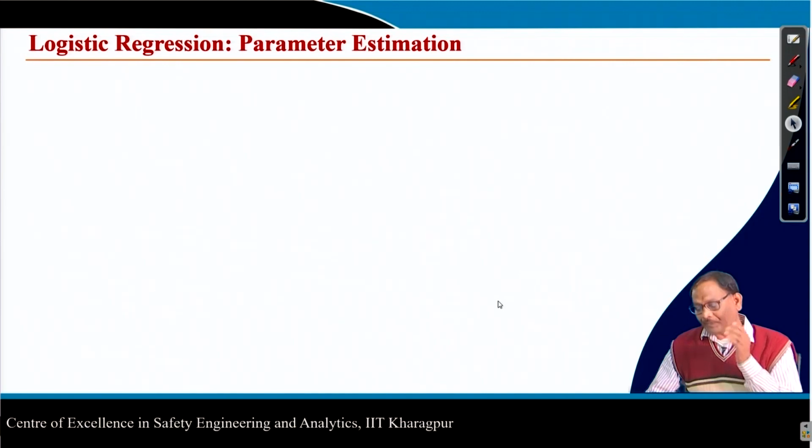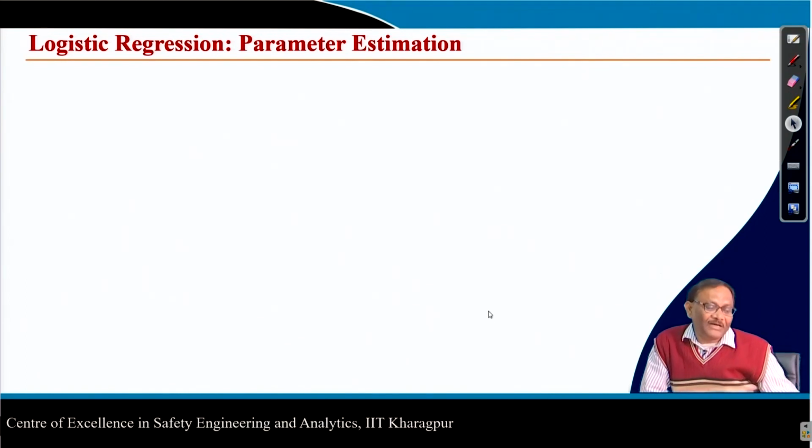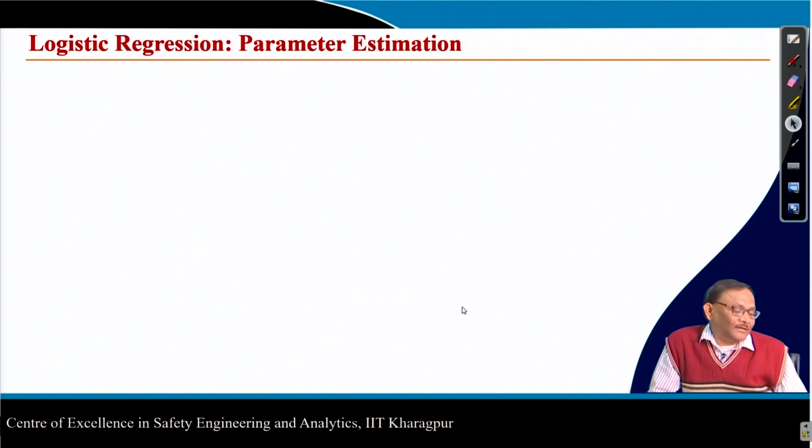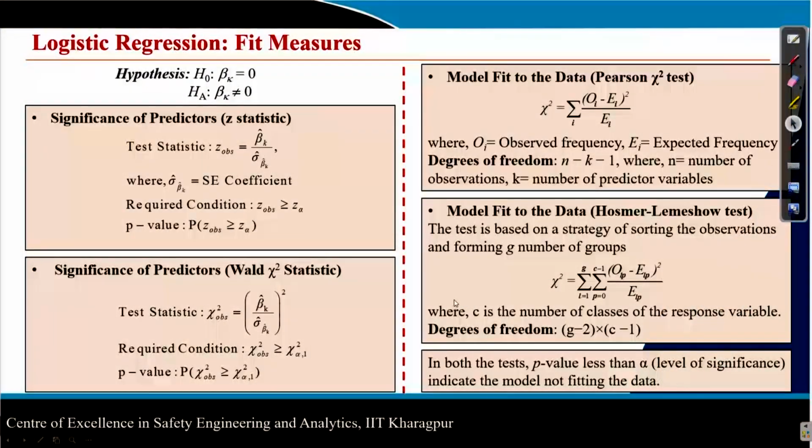Finally, the log likelihood function will be a function of the parameters to be estimated. That complex issue I intentionally kept out, but please keep in mind that in the MLE case the log likelihood function will be a function of beta values, which are nothing but the regression coefficient values attached to the predictor variables including the intercept, which is beta 0. Once you estimate the beta values, the fit measures are very important.